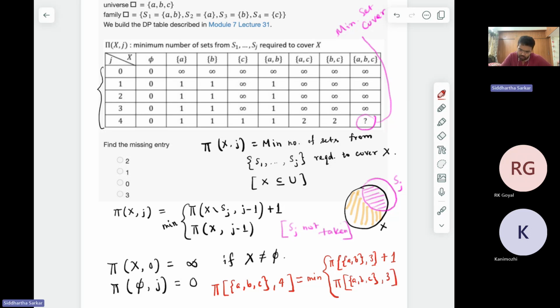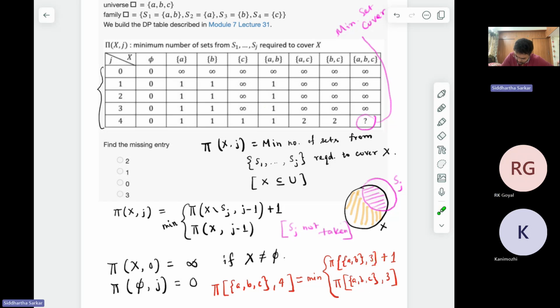Okay. So now these two entries we can look up from the table. So AB, 3. Yes, this value is 1. So 1 plus 1. So this part is 1 plus 1, 2.